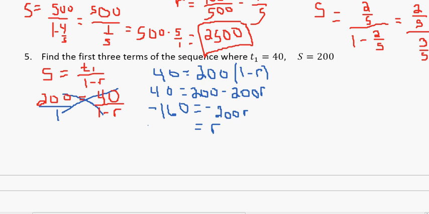Dividing both sides by negative 200, I get r equals negative 160 over negative 200, because I have to divide both sides by negative 200, which, reducing, I can cross those zeros out, and it reduces to 4/5.